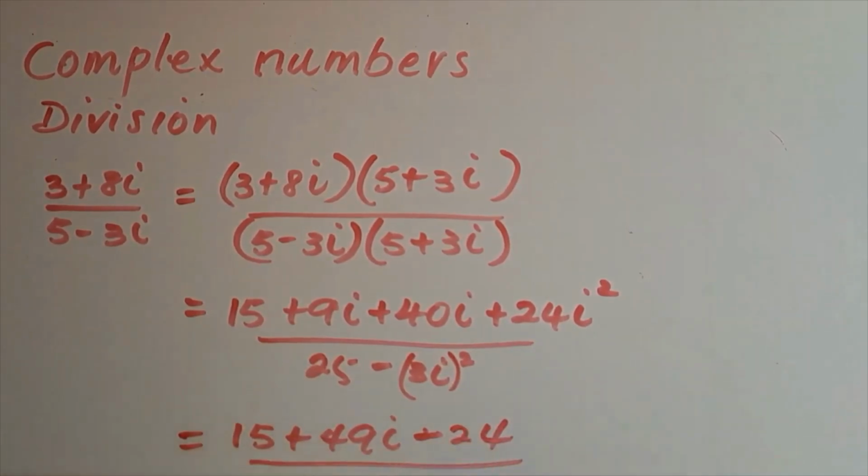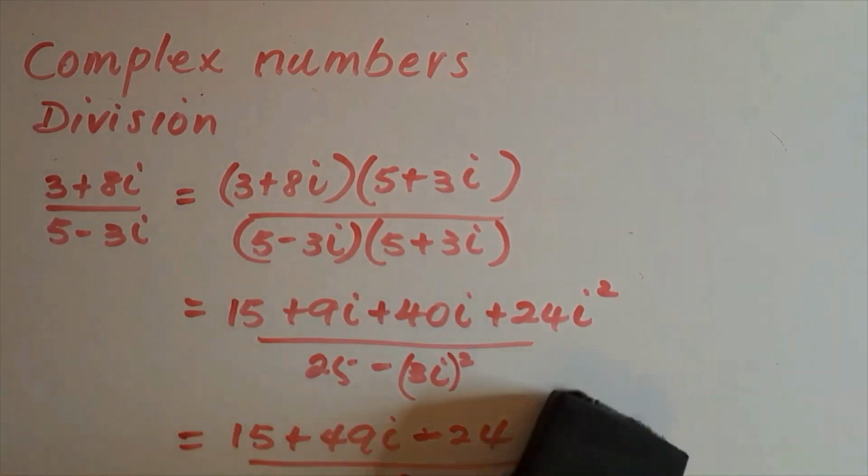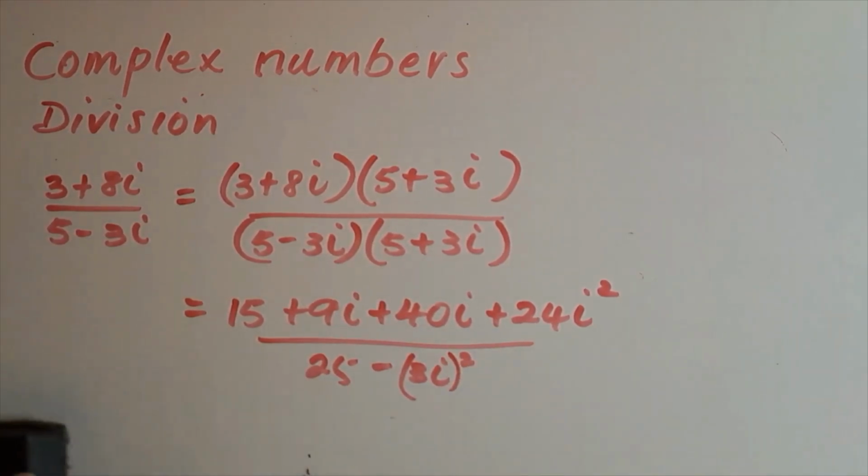And in the denominator we have 25. This is 3 3s is 9. i squared is negative 1, so it's minus 9 here, which gives us add 9. I'm off the board here. We rewrite that.